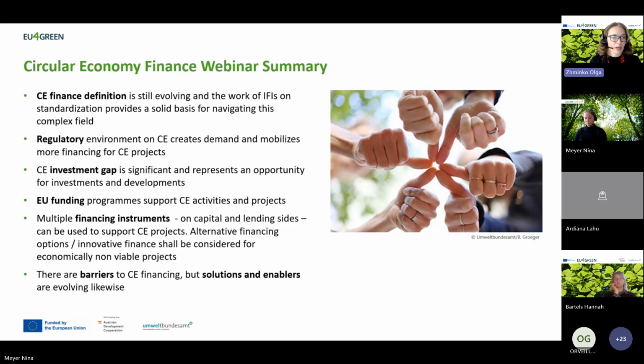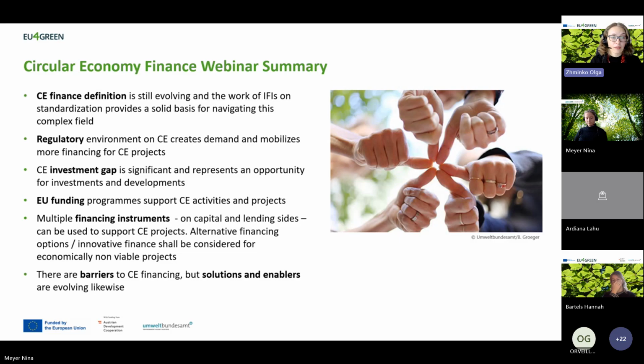And the regulatory environment of circular economy creates demand and mobilizes more financing for circular economy projects. Therefore, for the Western Balkans, it's so important to have the reforms on circular economy and have everything reflected and aligned with the EU acquis.